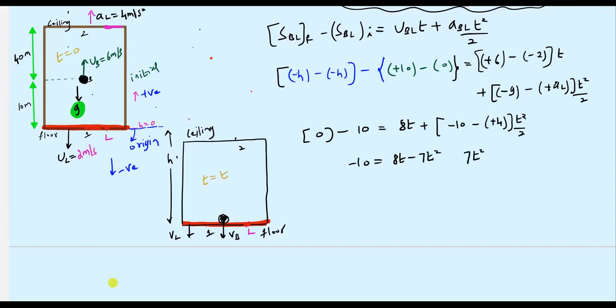So 7 t square minus 80 minus 10 equal to 0. I think it will be positive this time. 8 square minus of 4 into 7 minus 10, all divided by 2.